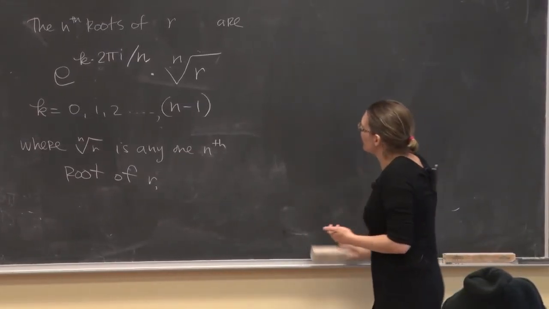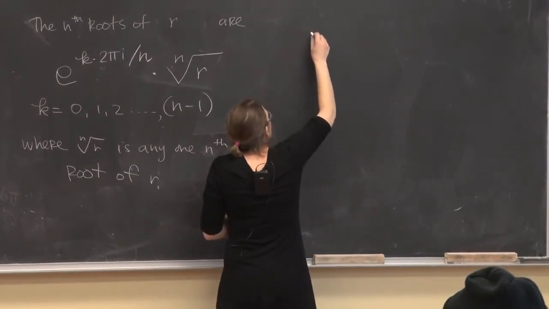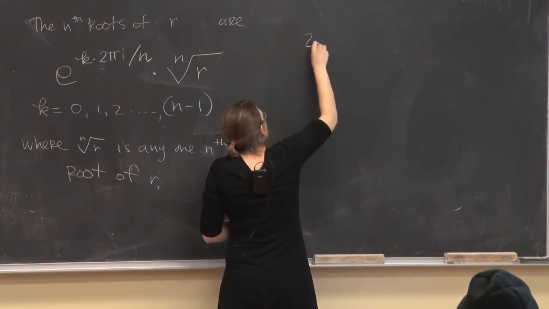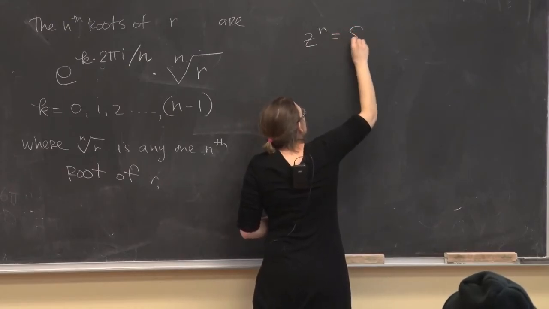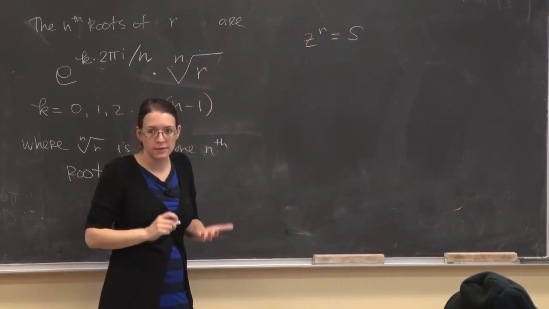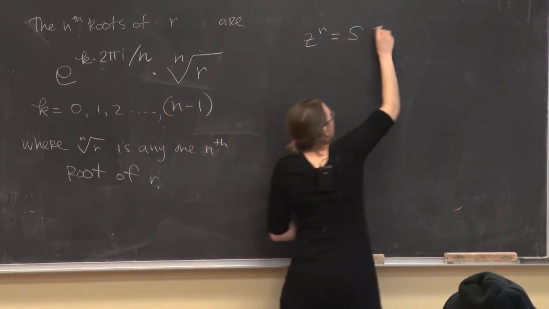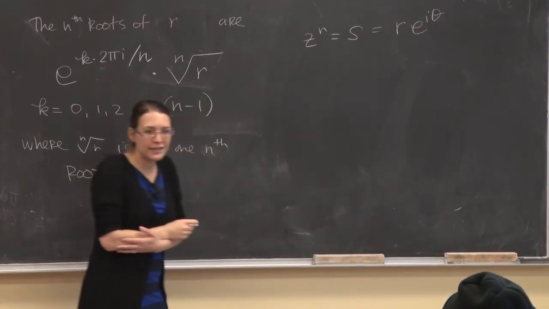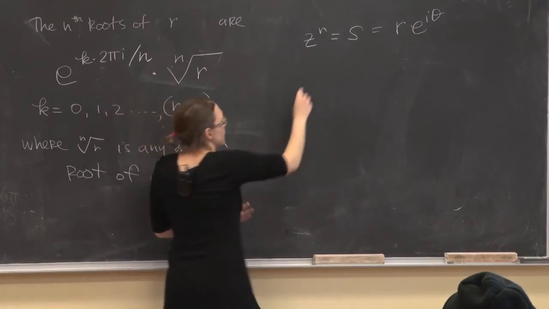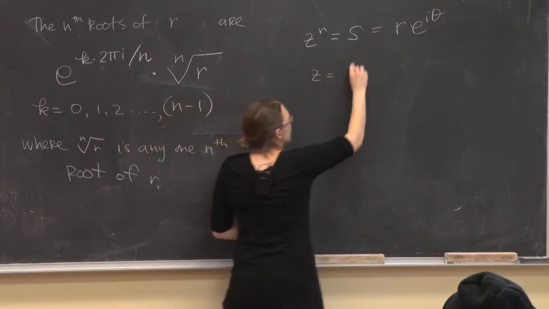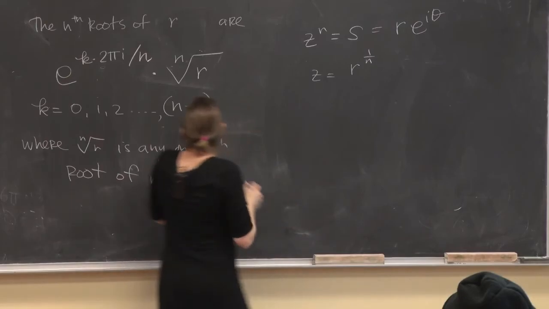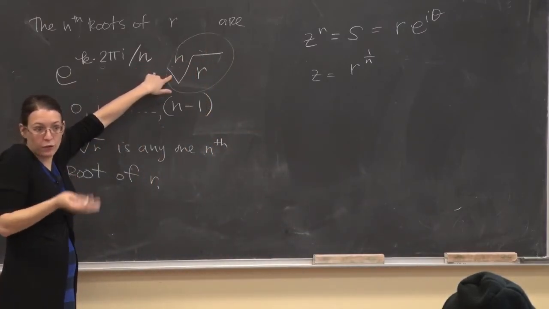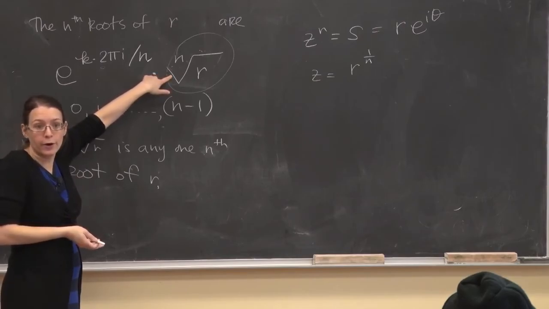Here's the easiest way. If I'm solving z to the n is some number s, like 2, and I write this s as r e to the i theta, then what I'm going to do is z is r to the 1 over n, which is one real root of this number.